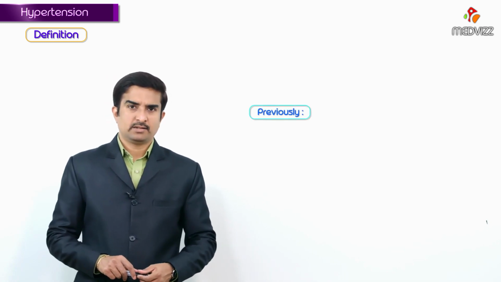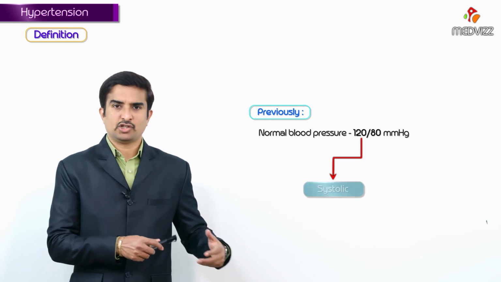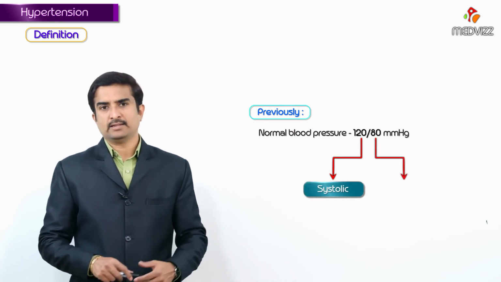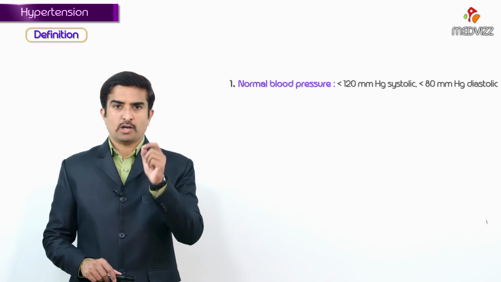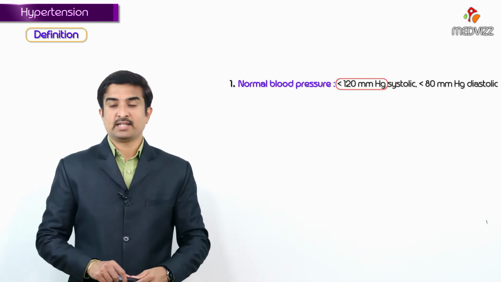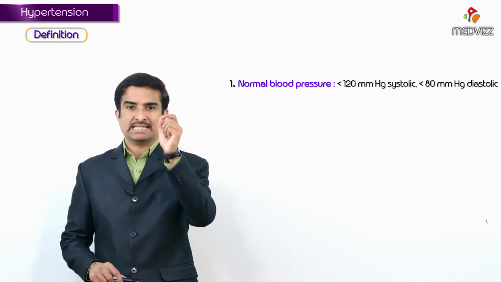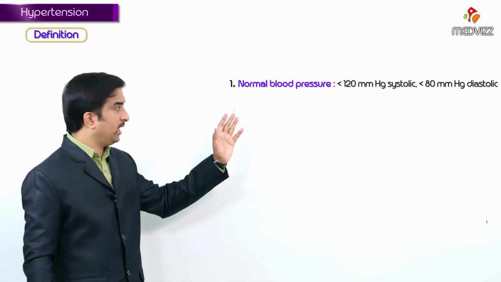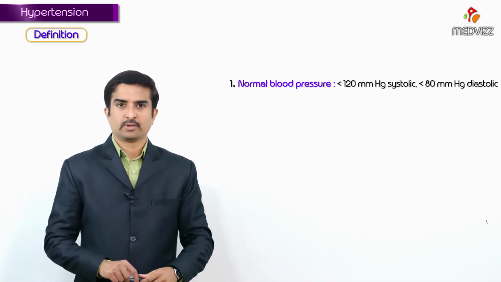Previously, we used to say that the normal blood pressure is 120 by 80, which means 120 is the systolic pressure and 80 is the diastolic pressure. But at present, you need to remember that if the systolic blood pressure is less than 120 millimeters of mercury, and the diastolic blood pressure is less than 80 millimeters of mercury, it is considered normal blood pressure.